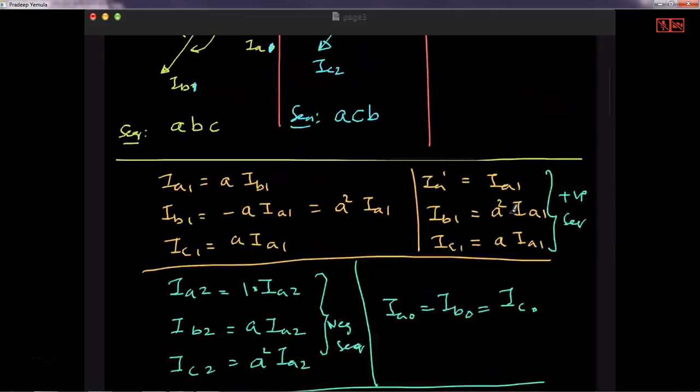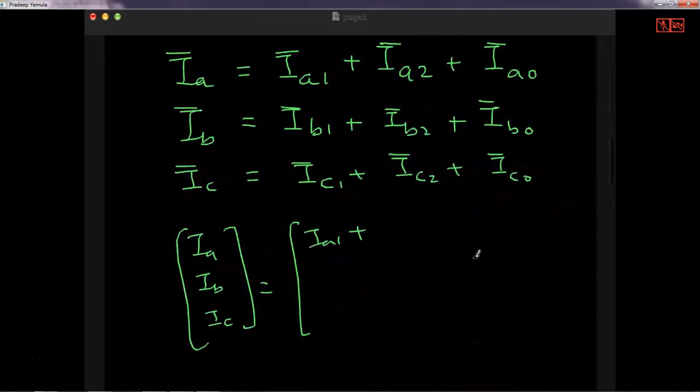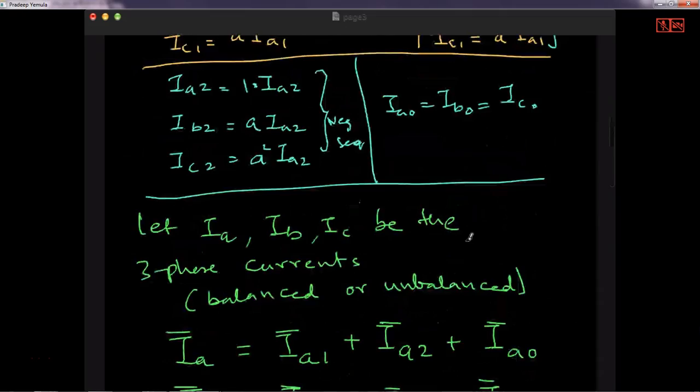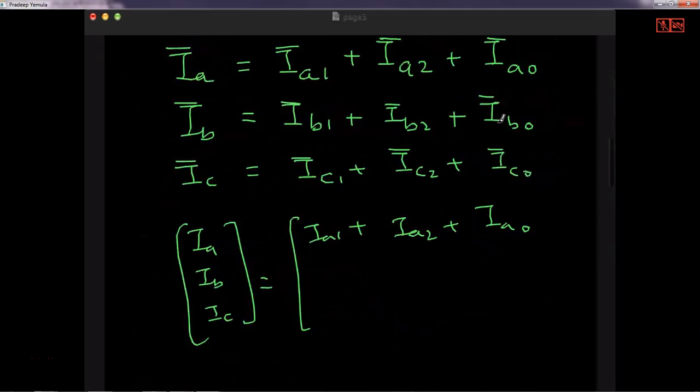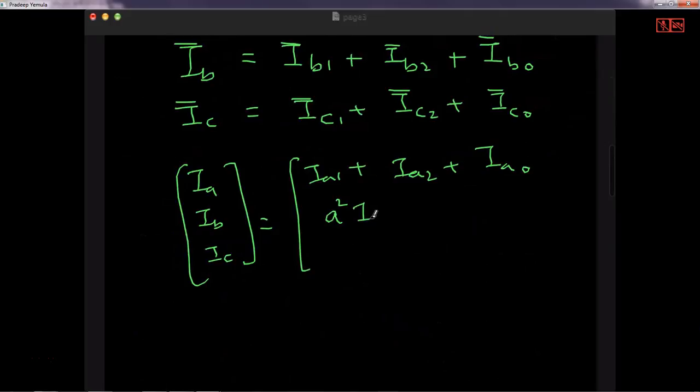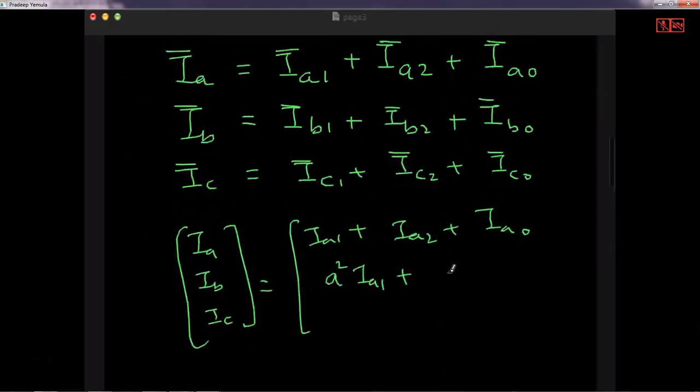So I'll just keep it as IA2 plus IA0. Now look at the second one. Here IB1 is A square into IA1. So this will be A square into IA1 plus, in the negative sequence, it will be A into IA2 plus IB0, which is nothing but IA0.